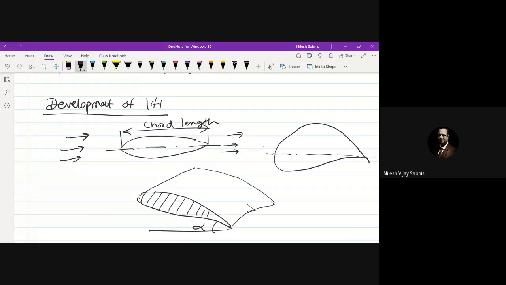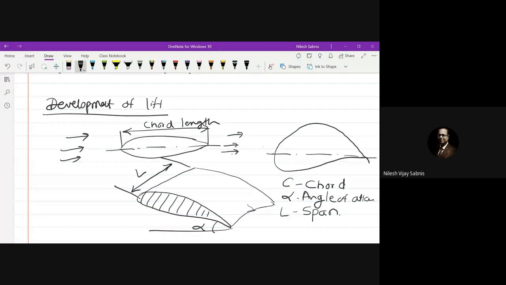This length, called L, is nothing but the span. So what you remember: chord, angle of attack and span of an aerofoil. They are denoted by C, alpha, and L.